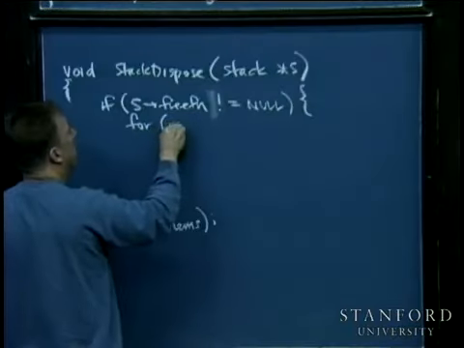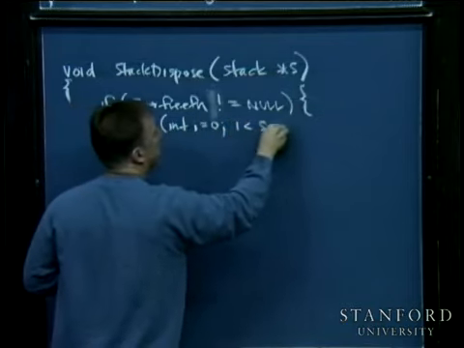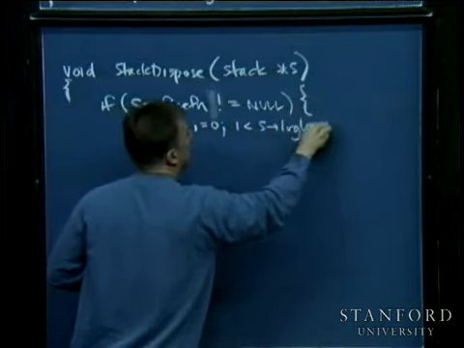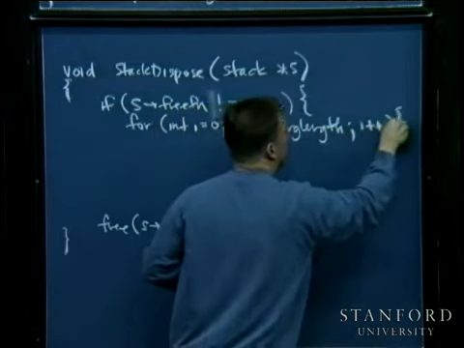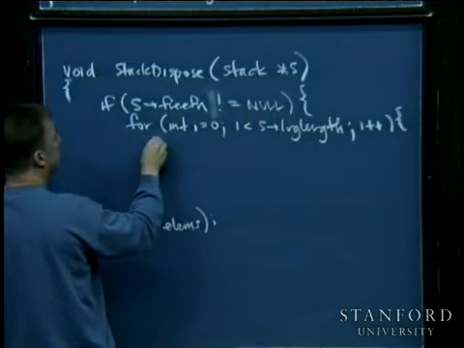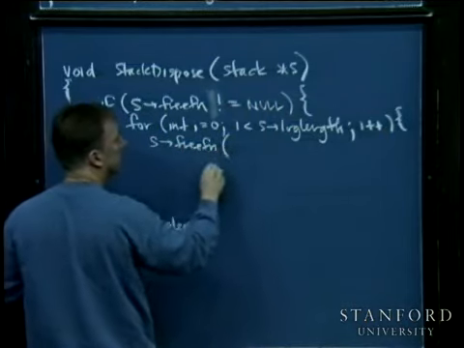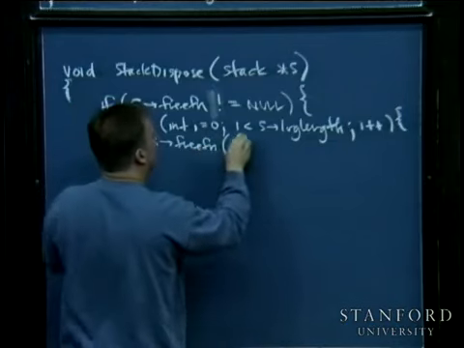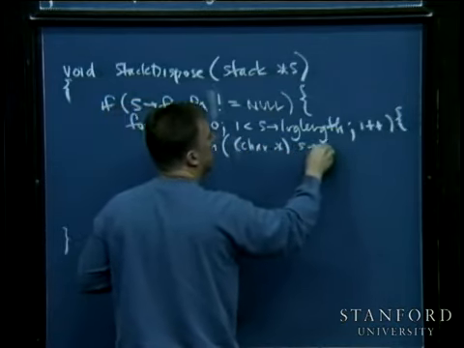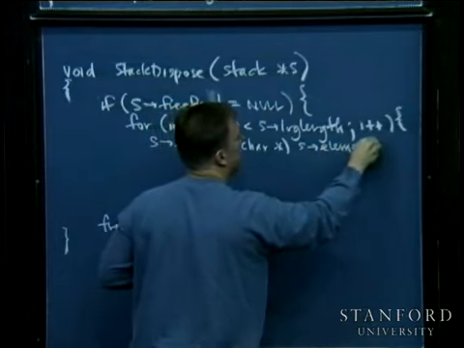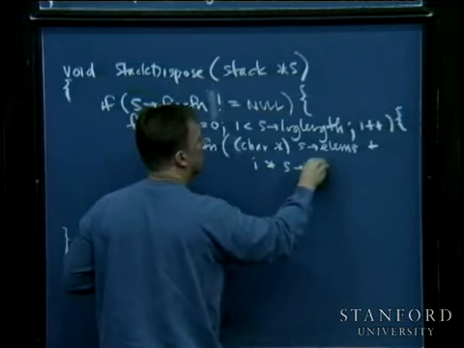For int i is equal to 0, i less than s log length, i plus plus, I would just do s arrow free function char star s arrow elems plus i times s arrow elem size.